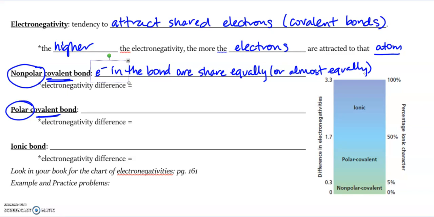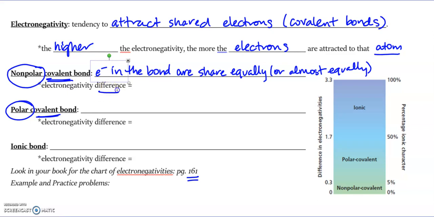To determine this, you look up a chart of electronegativity, and you'll see that there's one in your book on page 161. You can look up the actual values of electronegativity for each element, and you just subtract them. You could do an absolute value, or you could always do the biggest minus the smallest.